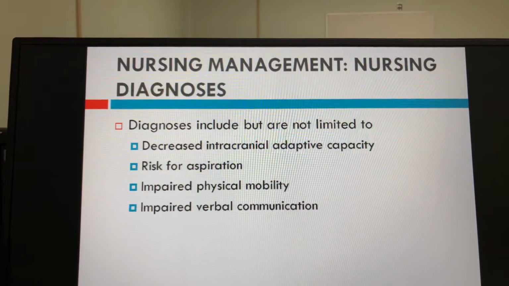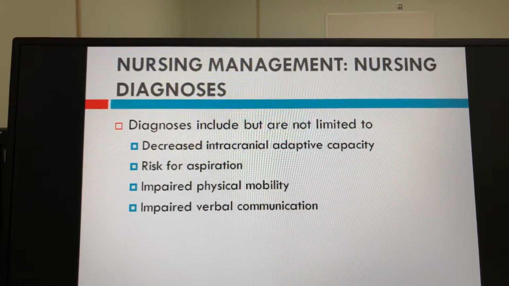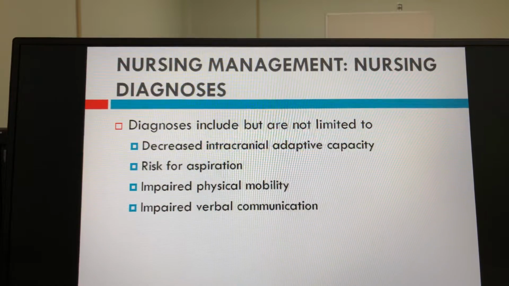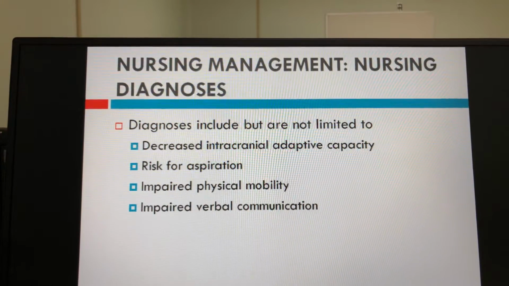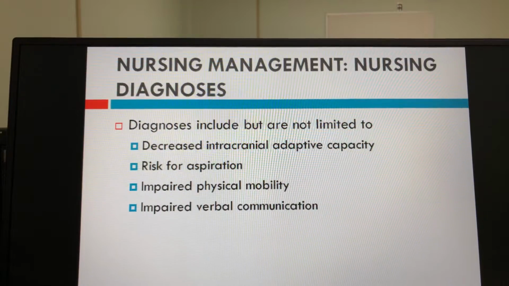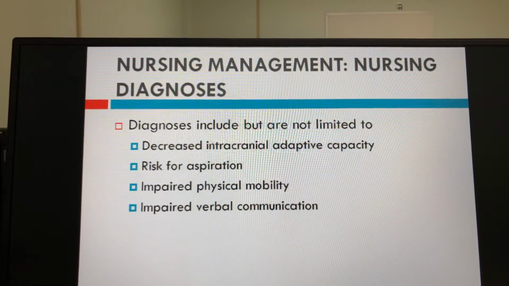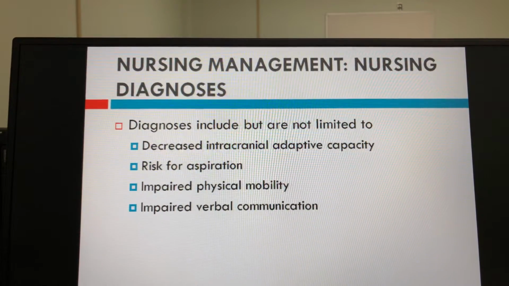As far as our diagnoses, they would include, but are not limited to, decreased intracranial adaptive capacity, and that actually will be related to the decreased cerebral perfusion pressure of less than or equal to 50 to 60 millimeters of mercury, and sustained increase in intracranial pressure secondary to thrombus, embolus, or hemorrhage.